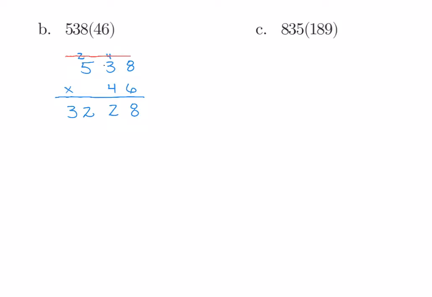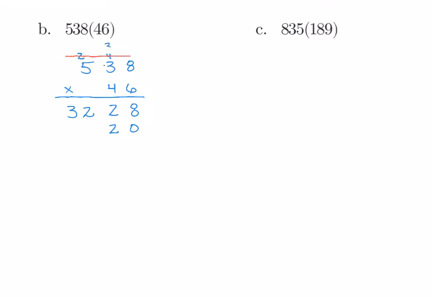The next thing we want to do is multiply by the 4. So 4 times 8 is 32, and remember we want to line up underneath the 4. So I'm going to put it here. Again, if you want to add a 0, you can to make it easier on yourself. So we said 4 times 8 is 32.